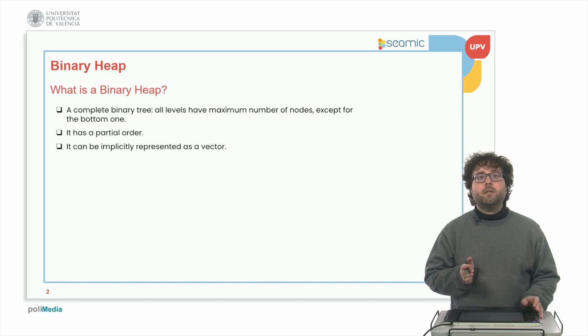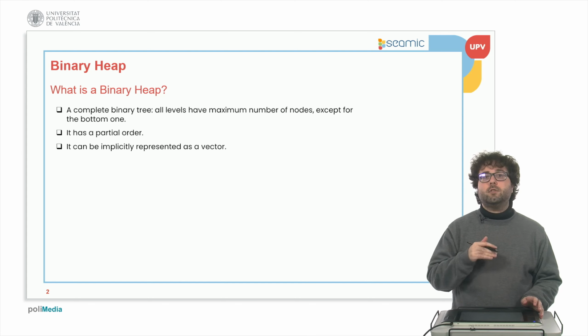Another property is that the tree contains a partial order. We will talk about that later. And finally, a very interesting property is that it can be easily represented as a vector.